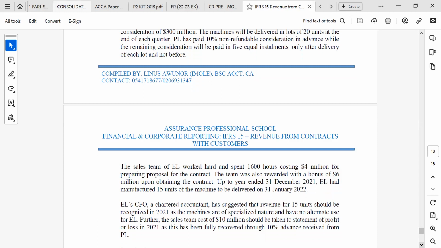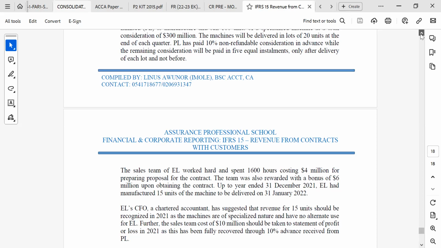It will surely be delivered to the customer. So we have manufactured 15 already, and since we have done that part of the work, we can recognize revenue relating to that work. So that will be revenue recognized over time.